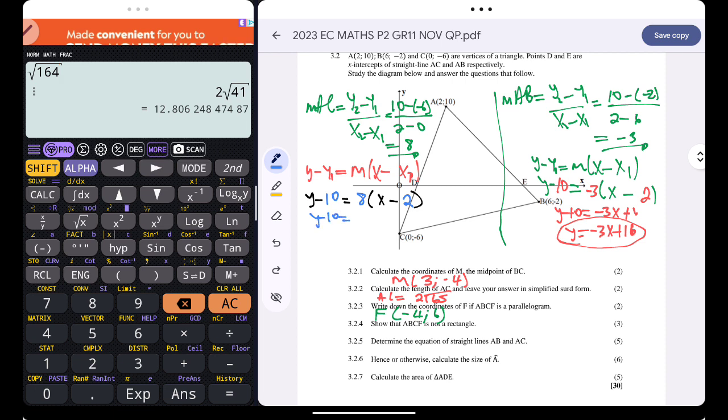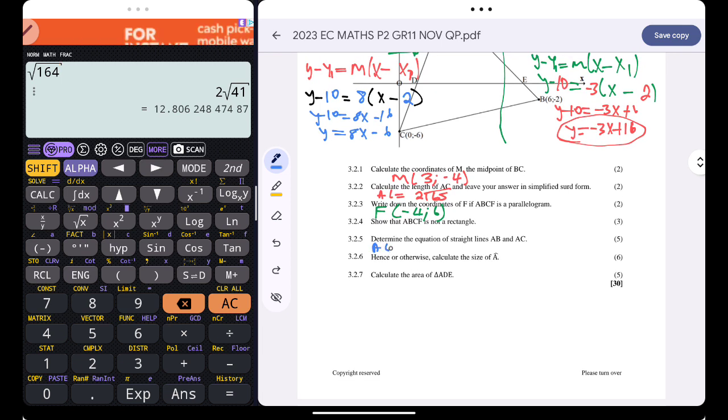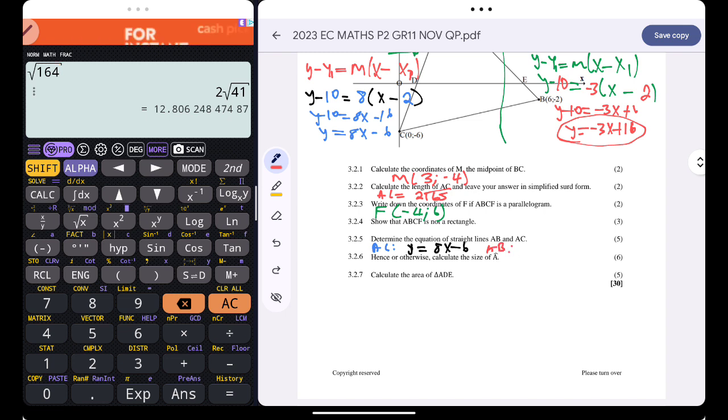So I have y minus 10 is equal to 8x minus 16, y is equal to 8x minus 6. So now I can simply say for AC, the equation is y is equal to 8x minus 6, and for AB, the equation is y is equal to negative 3x plus 16.